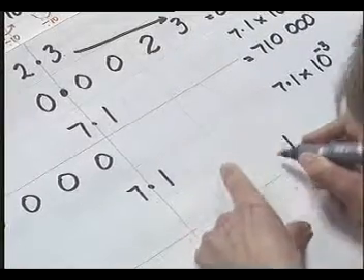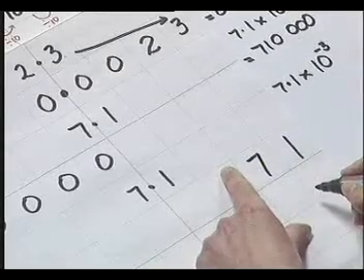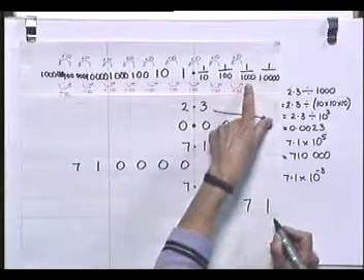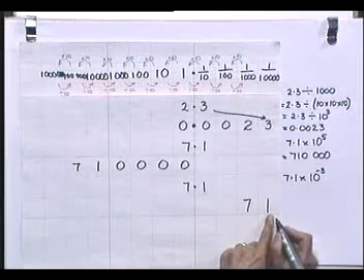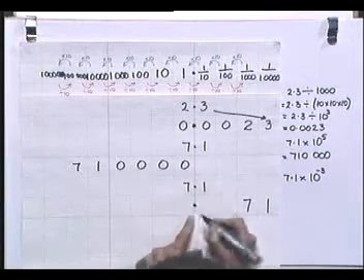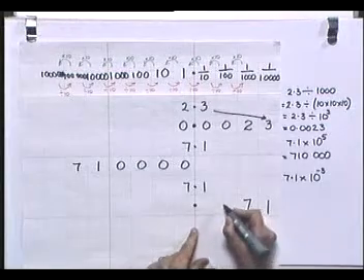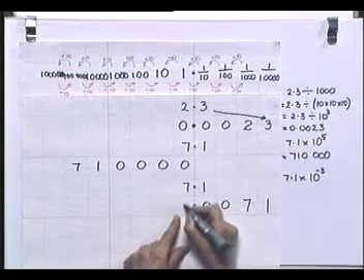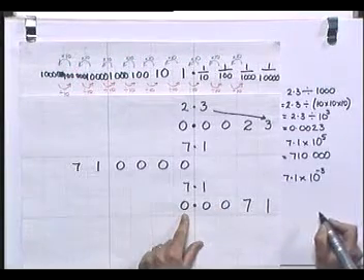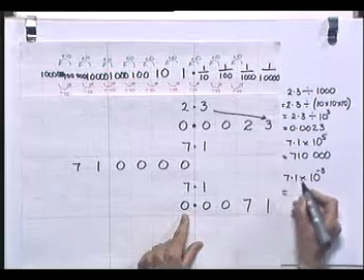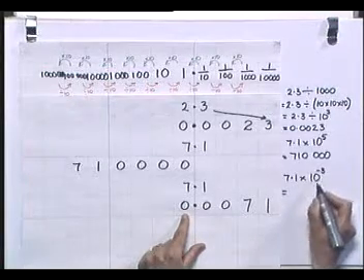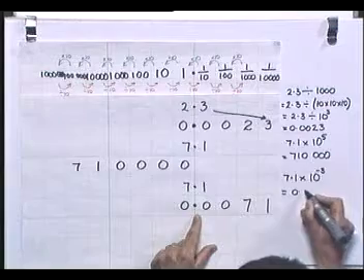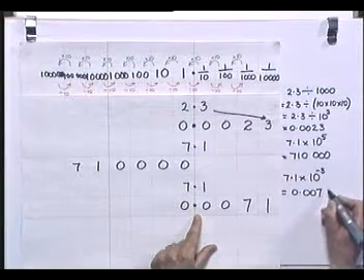And our 7 will move 1, 2, 3 places in the same direction. So they end up in the thousandths and the 10,000ths column. Again, decimal point there, and we need to hold the place value. So we need to put zeros in these 2 columns. And again, for clarity, a 0 in our units column. So 7.1 times 10 to the -3 is 0.0071.